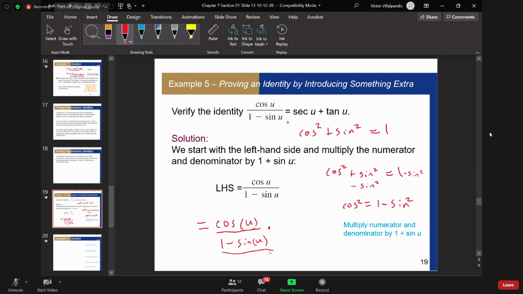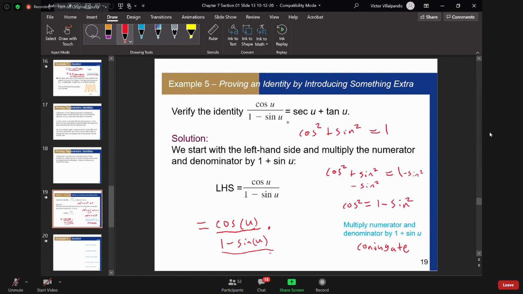So we're going to multiply the numerator and denominator by 1 plus sine u. So hopefully you heard this word, conjugate. We use it here and there in algebra.